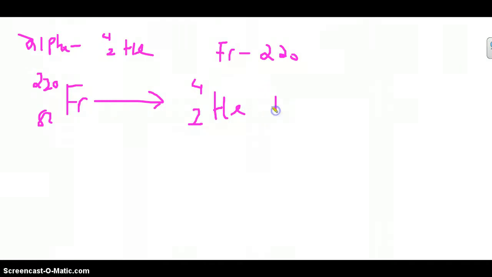And then plus 85, 216, At. The reason that this became 85 and 216 is because 2 plus 85 yields 87, and 4 plus 216 is the same as 220. So all of these, the top and bottom, add up to each other eventually. And that's how you can find out what this is.